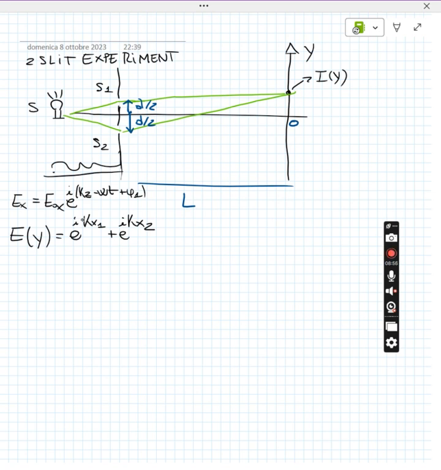What are x1 and x2? X1 is the distance between the first slit and the generic point on the y-axis.